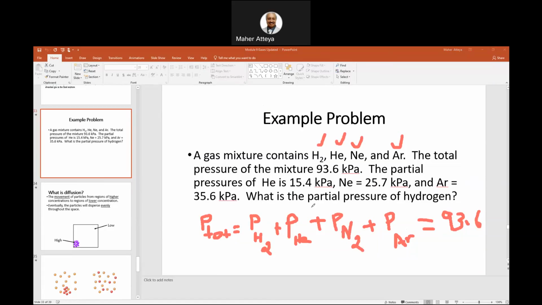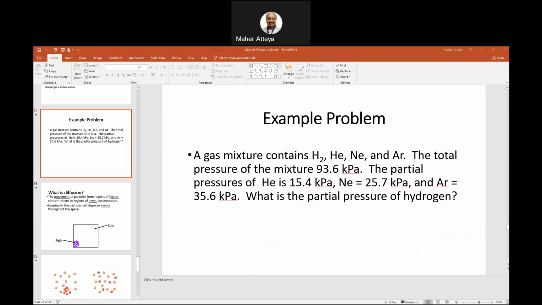Okay, now I just have to replace those. Hydrogen, I don't know. Plus for the helium is 15.4.